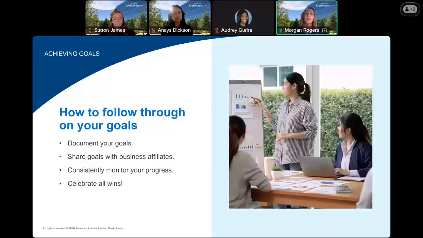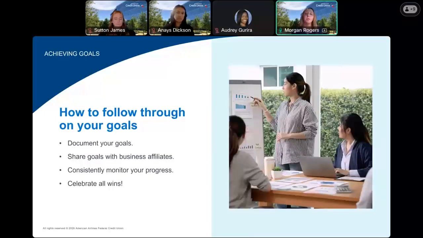So once you get an idea of several SMART goals to set, it's very important to follow through on these goals that you have set for yourself. So tips to keep business owners on track to complete these short-term and long-term goals include creating a written outline. This written outline of your goals could also be displayed within everyday eyesight, and that will really help keep your eyes on the prize.